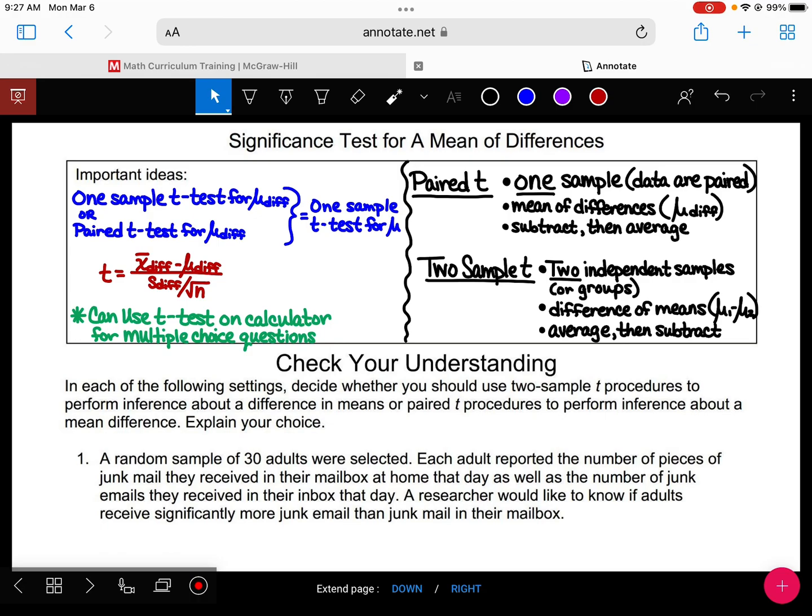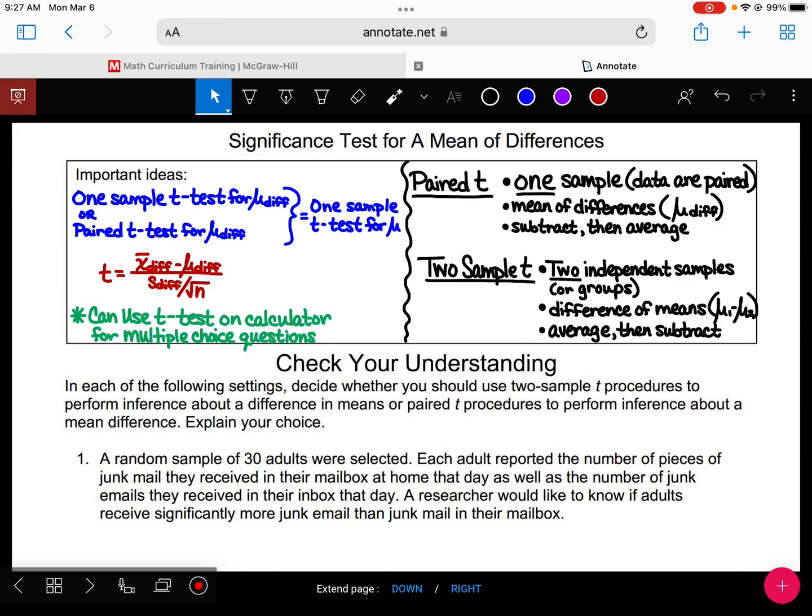Ways to determine whether you are doing a mu diff or a mu1 minus mu2, a paired t versus a two sample t. With paired t, you have one sample, and those data are paired together. So for each individual person in this case, we had two pieces of data for the same subject, and then we subtracted those.